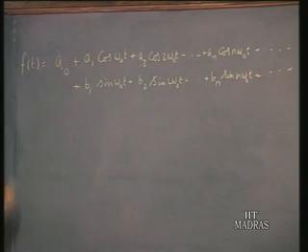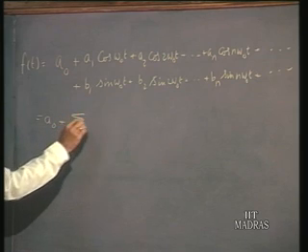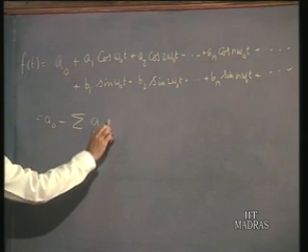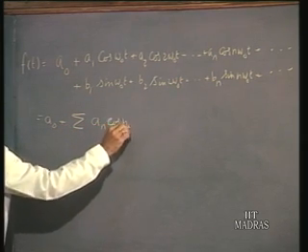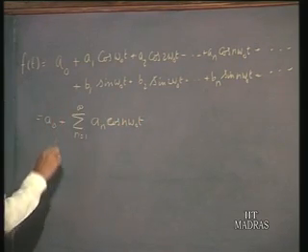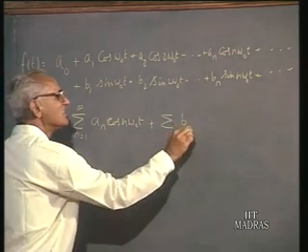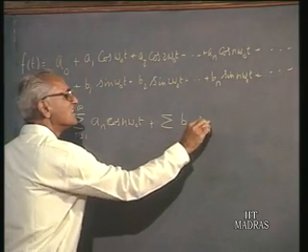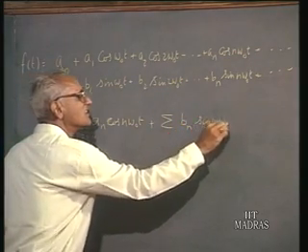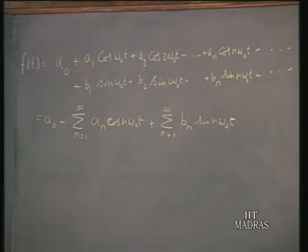More compactly, this can be written as a naught plus the sum of an cos n omega naught t, n ranging from 1 to infinity, plus bn sin n omega naught t, n ranging from 1 to infinity.